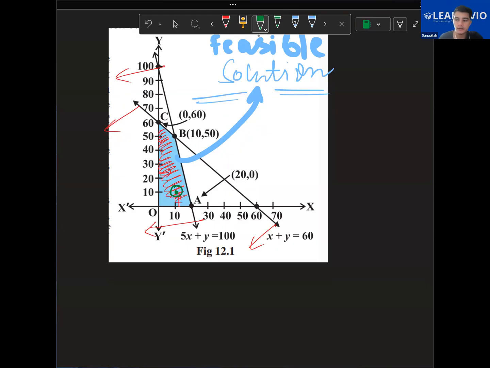As per the definition of feasible solution, the points within the shaded area or on the boundaries are feasible solutions. Points within and on the boundaries of the feasible region represent feasible solutions.